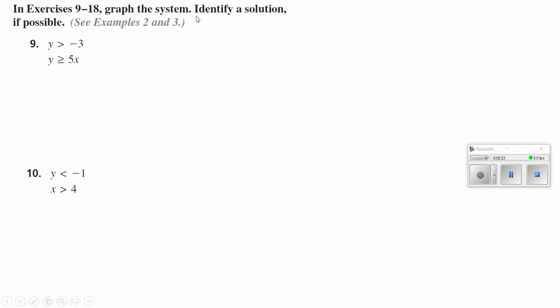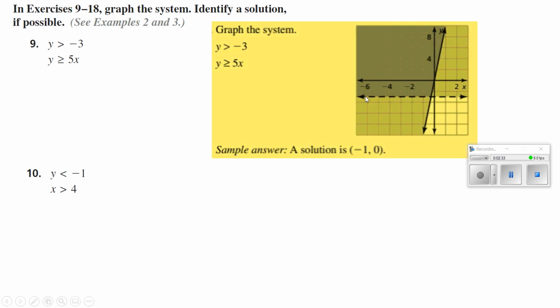It says graph the system, identify the solution if possible. If I graph this one, I know y is greater than 3, so I'm going to put a line going across right there at -3. And then for y is greater than or equal to 5x, I see a little problem with this one, and I'm going to fix it.